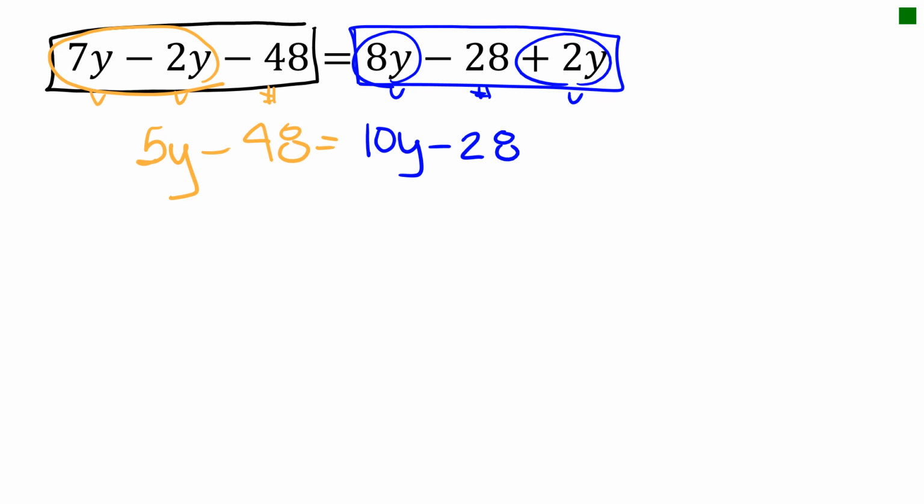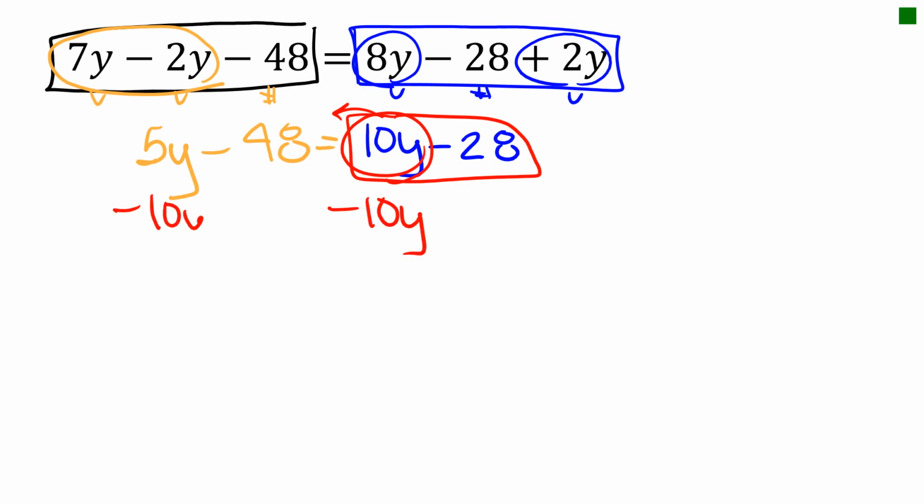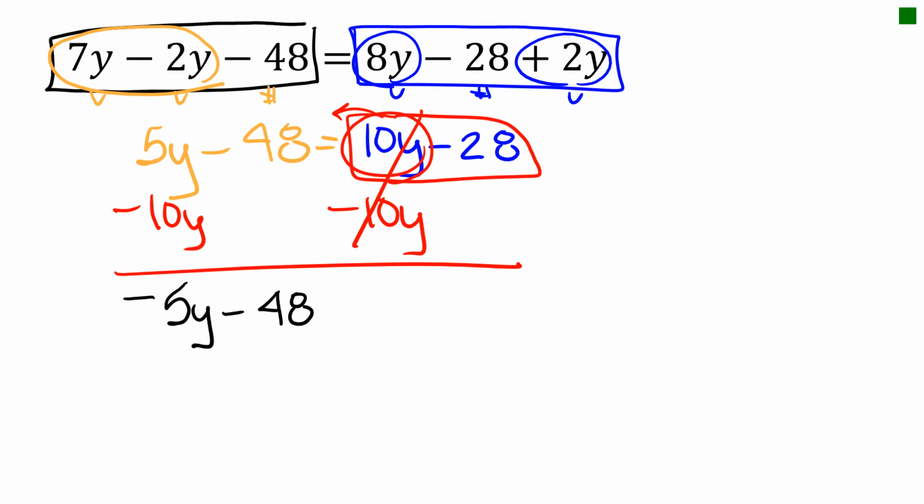Down to that, I need to move that variable term from the right-hand side. I'm going to move 10y over by subtracting 10y. Those cancel. So I have 5 minus 10y is negative 5y minus 48 is equal to negative 28.